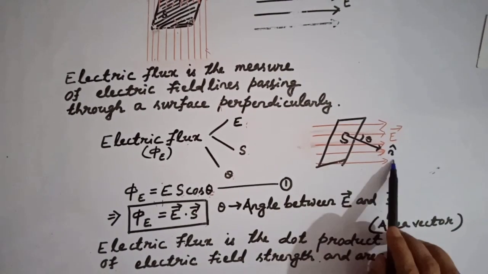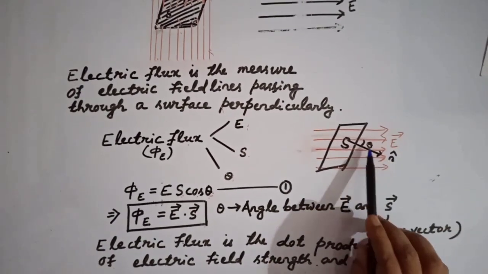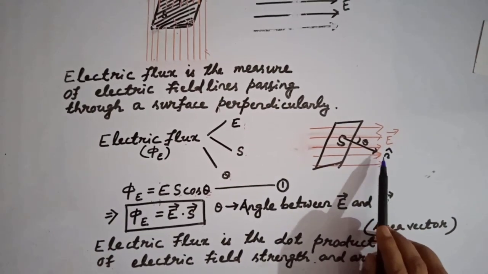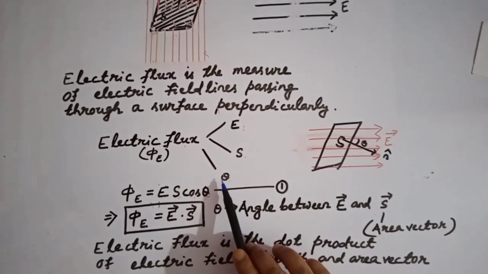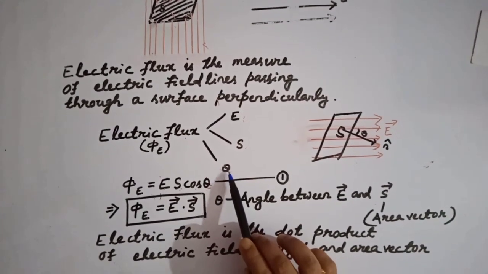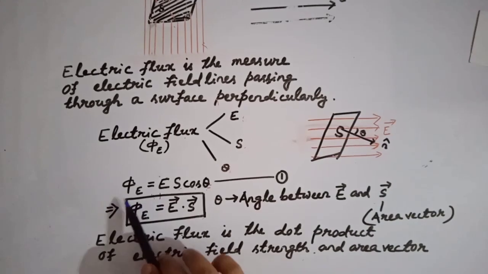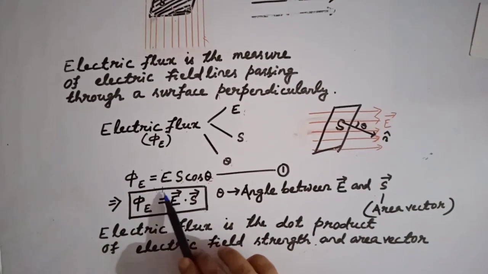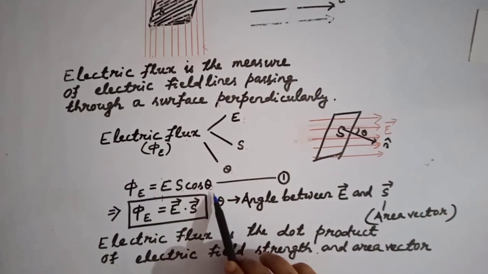Now area vector is given by n cap. Theta is the angle between electric field and the area vector. For theta 0 degree or 180 degree, the value of the flux is maximum. For theta 90 degree, flux is 0. So this can be written as electric flux phi is equal to E S cos theta.